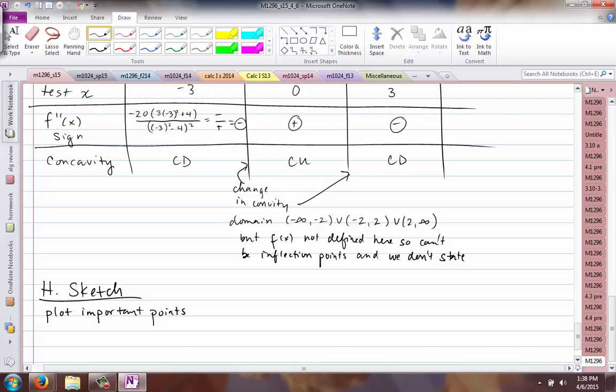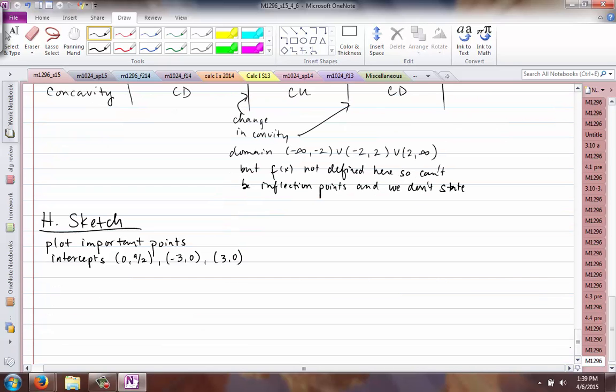We found quite a few of those. We found some intercepts, which we found so that when the graph crosses the x and the y axis, we do it in the right place, because we're really trying to make an awesome graph. So those were some points that we need to plot.